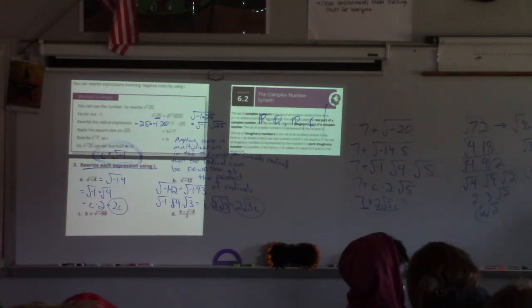Now, if it was the square root of negative 30, then I would take the square root of that negative 1. But again, I can't take the square root of anything there, so I just do square root of negative 1 times the square root of 30. So square root of 30 i. Does that make sense? We good there?